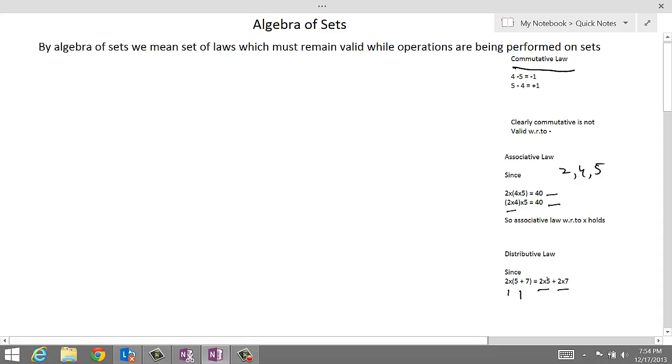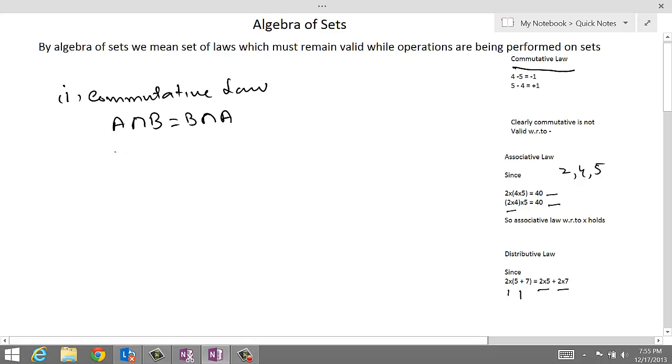Let's take a look with respect to intersection and union. The first one is commutative law. A intersection B is equal to B intersection A. It means if we switch over places of A and B sets, it doesn't make any difference.